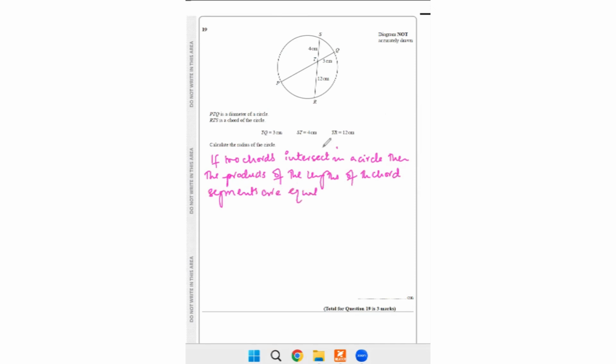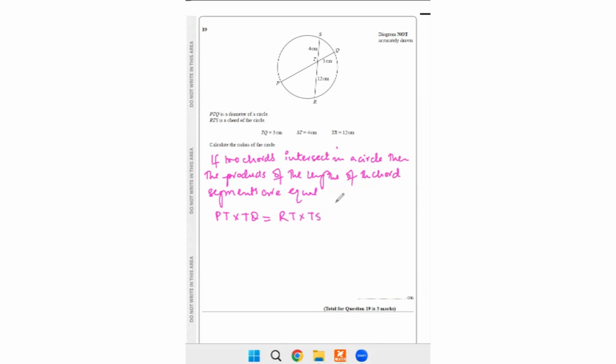So basically, PT, which is a segment of the chord, times TQ, which is another segment of the chord, equals RT times TS. This is the rule for chords intersecting in a circle.